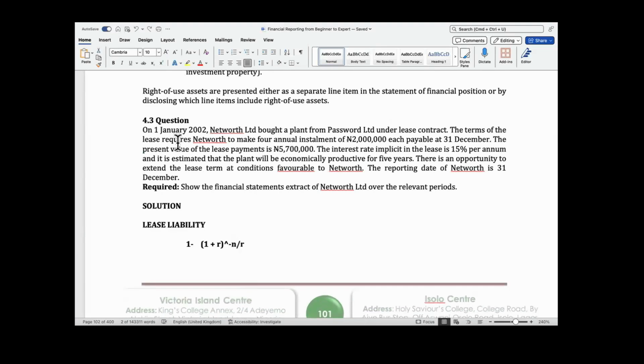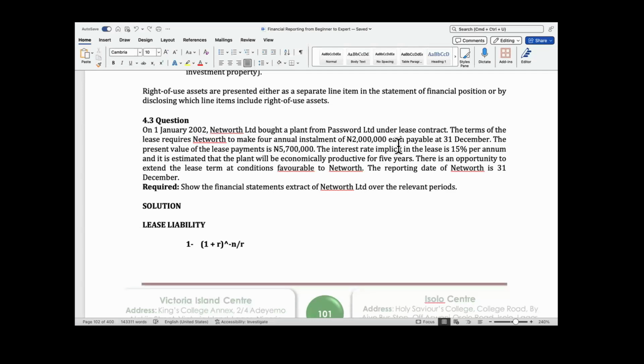It says, on 4th January 2002, Network Limited bought a plant from Password Limited under a lease contract. The terms of the lease require Network to make 4 annual installments of 2 million naira each, payable on 31st December. The present value of lease payments is 5.7 million.